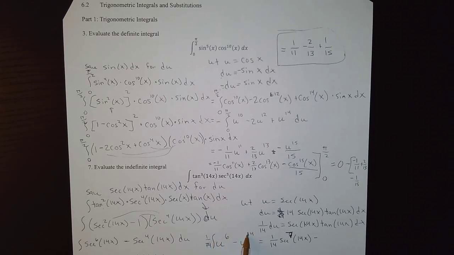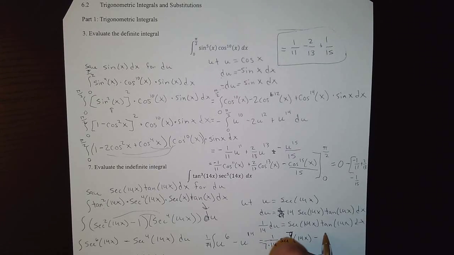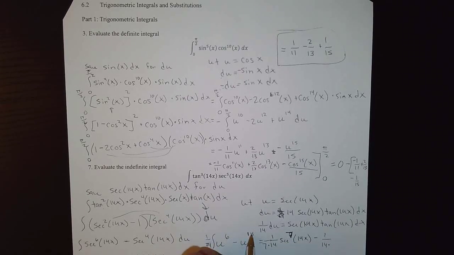When we have this, we add 1 to the power and divide by that number. And so this should be this, technically. I'll rewrite it and make it look neater in a second. When I take the antiderivative of this side, I would have 1 over 14 times, add 1 to this power, and so it would be a 5. Then we would have secant to the 5th power of 14x.